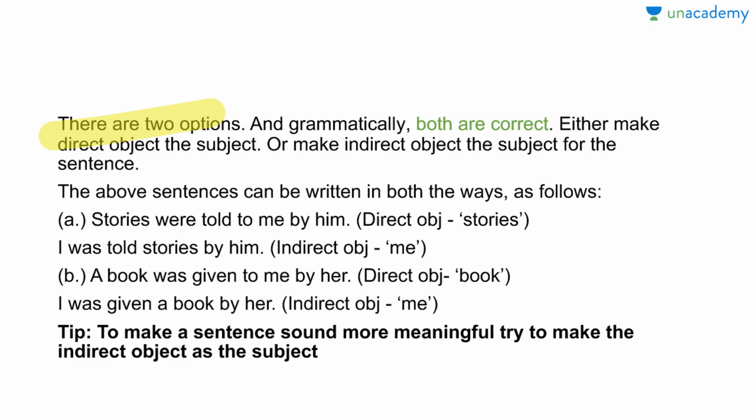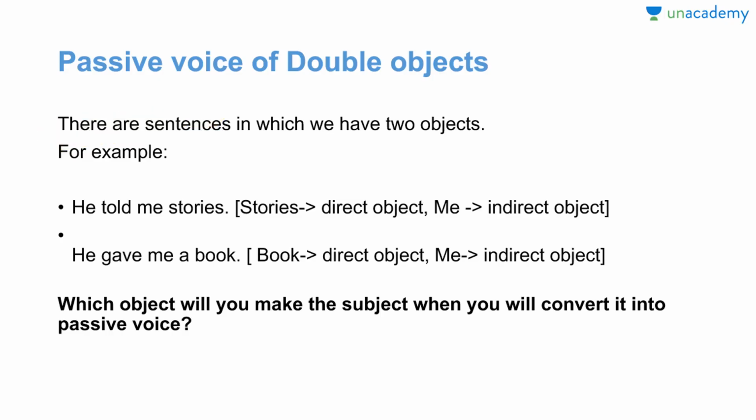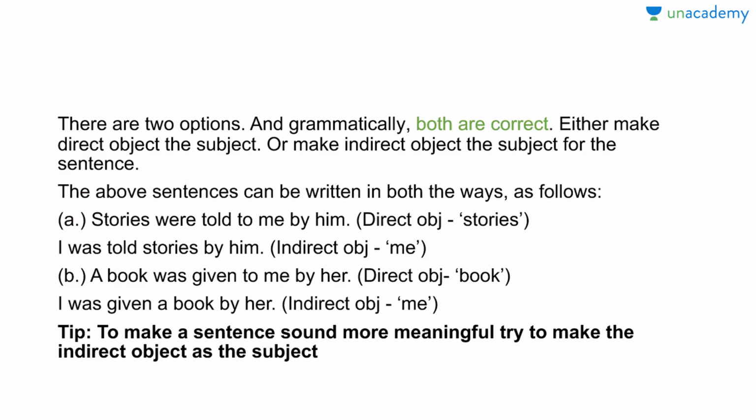What I mean to say is, this sentence, he told me stories, can be written in 2 ways. Stories were told to me by him. What I did was take the direct object and make the sentence passive. Stories were told to me by him. This is correct.